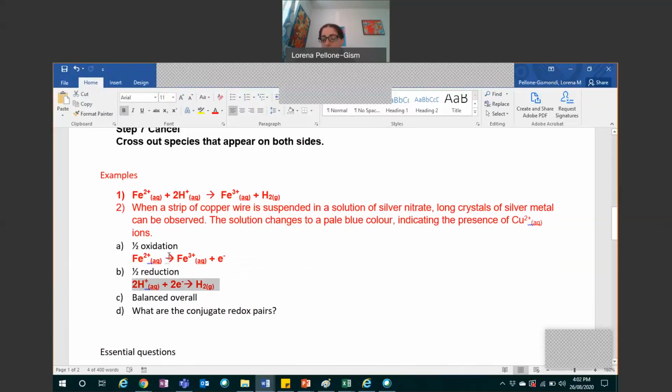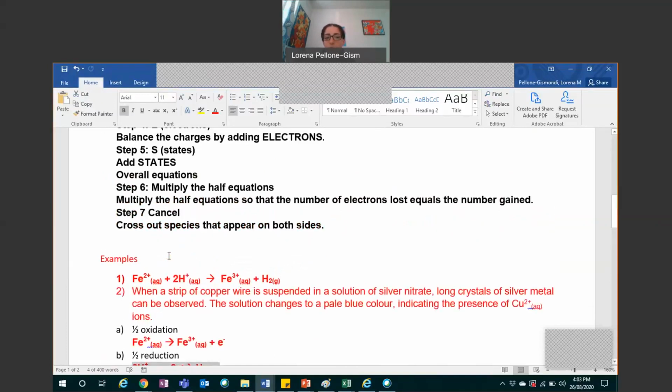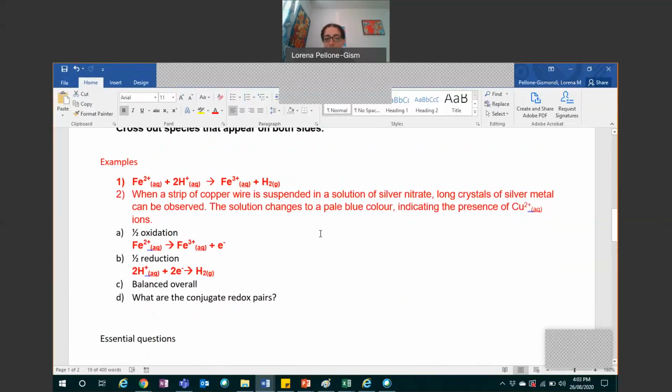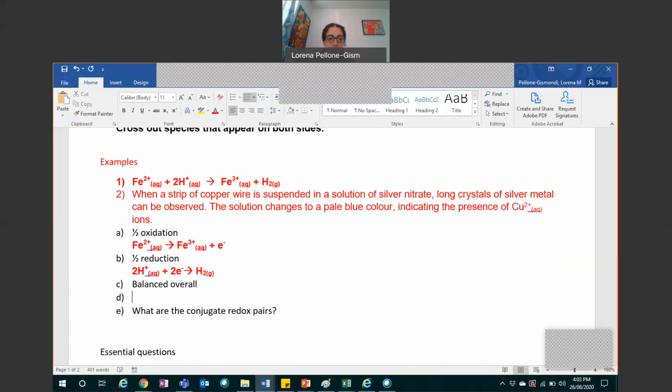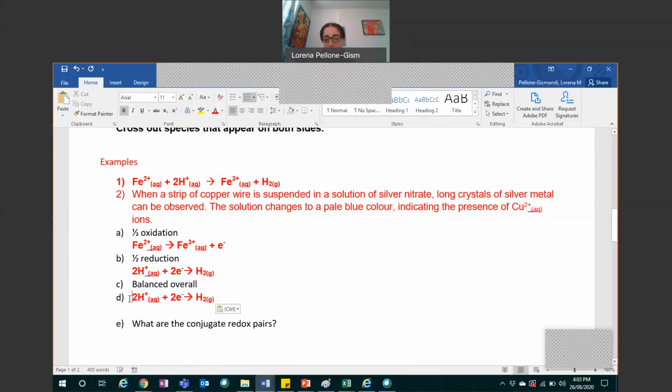Otherwise, where is it getting these electrons from? Thin air. So when we write the overall equation, we multiply the half equations so that the number of electrons lost equals the number gained. So I'm going to do that now. I'm just going to do it in the steps, even though you may be able to skip this intermediate step.